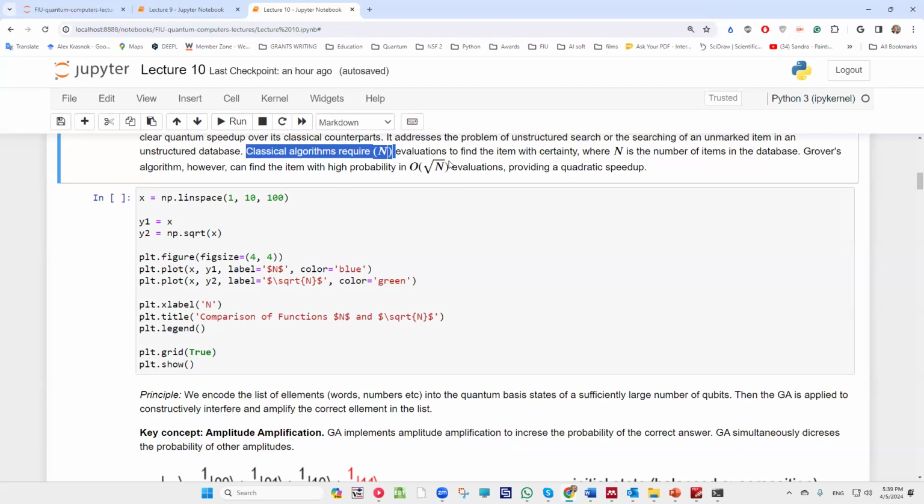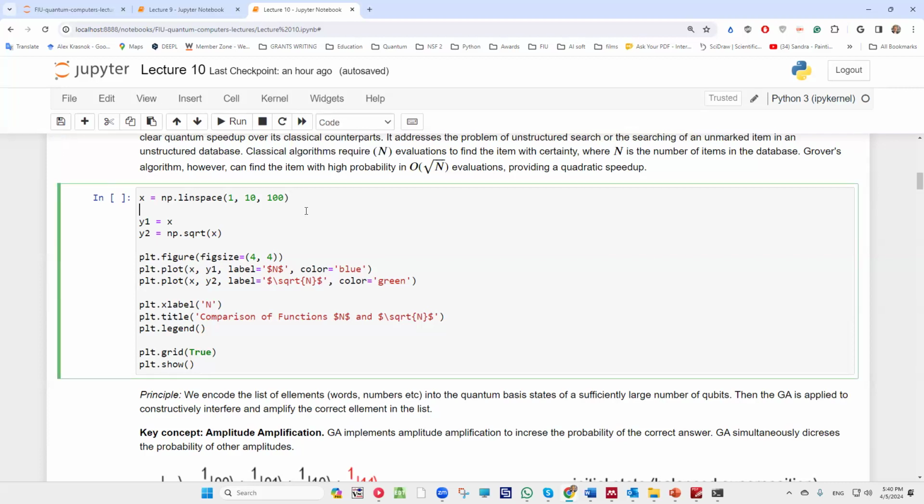Because sometimes it's possible to locate the element almost immediately after we started the search. Sometimes we need to run the search until the end of the list. On average, it is going to be N over 2. And for sure, it scales as a factor of N. So the more elements in your list, the more calls you need to do to finally find the element in the list.